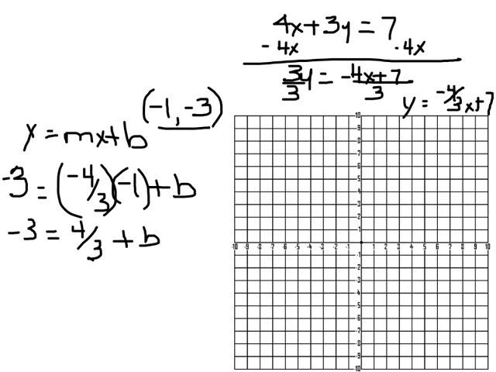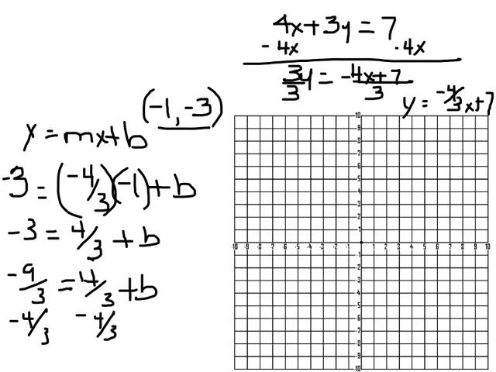Alright, so let's change this negative 3 to something with a denominator of 3. So that would be negative 9 over 3 equals 4/3 plus b. And when I subtract 4/3 from both sides, I'm going to find that b is equal to negative 13 over 3, not 7. Negative 13 over 3. And then I have found the equation of the line that is parallel to this line.